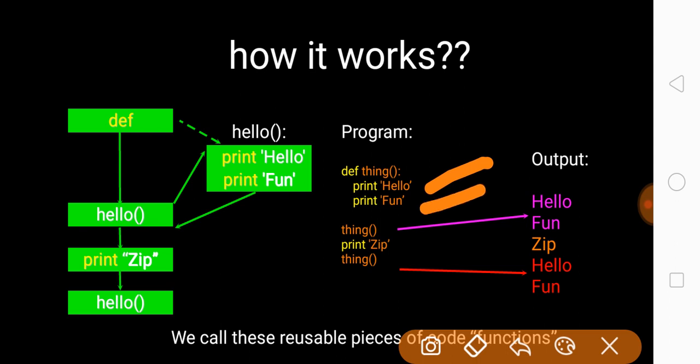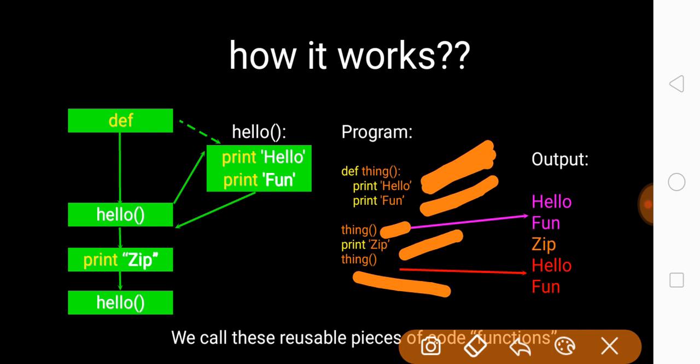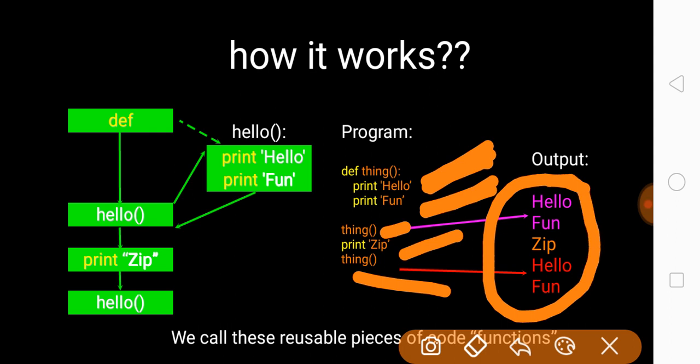That means when we call the thing function in this order, this thing function will print these two lines, hello fun, and after that it will print the word zip. Again we have called the function thing, so after calling this function, the two lines hello and fun will be printed again. So the output will be this one.